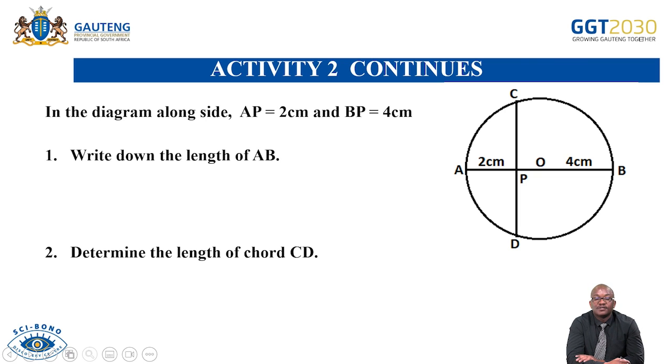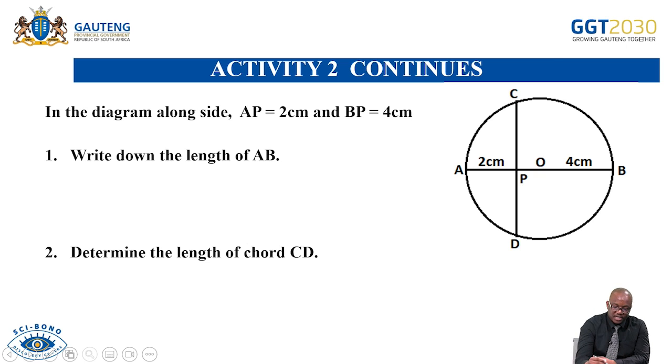activity 2 still continues. Now we have the statement there in the diagram alongside: AP is equal to 2 centimeter and BP is equal to 4 centimeter. Correct? Then they are saying you must write down the length of AB.